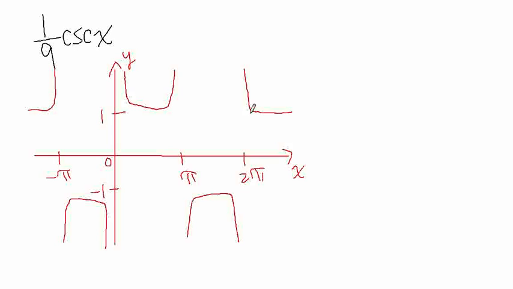Okay, now the reason that the graphs look so flattened again is because of the 1/9. So that does not affect the period. So the period of this graph is 2 pi.